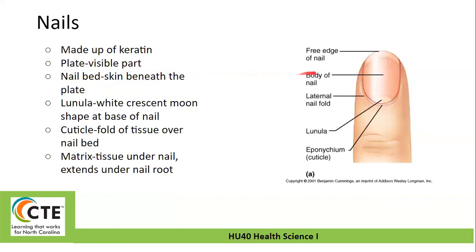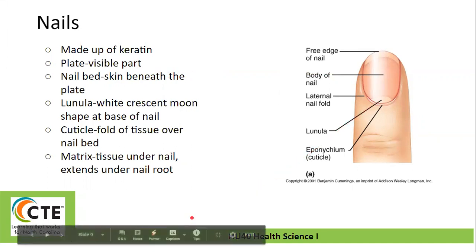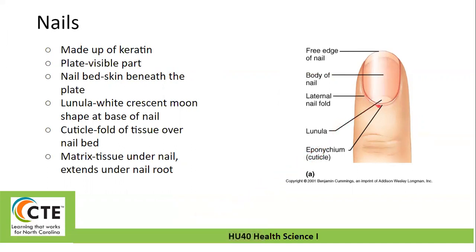All right, so the plate is the part we can actually see. The matrix in the nail bed is the skin underneath this plate. The lunula, and we can look at our thumbs. That's a good place to look, and you'll see your lunula, which is this white crescent shape right there. The cuticle is the fold of tissue over the nail.